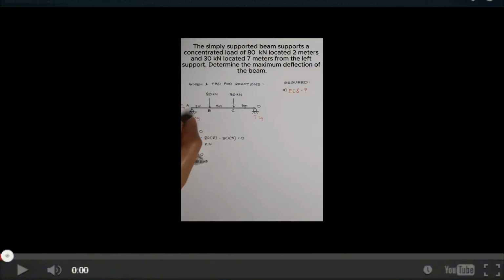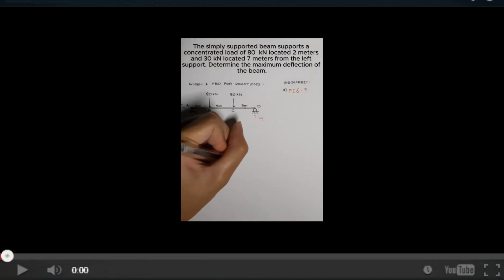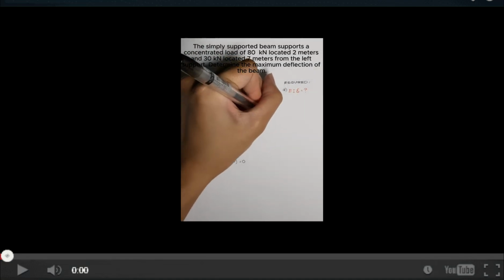So 30 times 7 plus 80 times 2 is equals to 0. Our DY is 37 kilonewton. Now, nasolve na natin ang ating AY and DY. AY is 23. DY is 37.